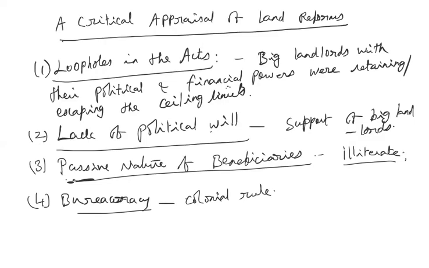The responsibility keeps on passing from one department to another. Nobody is taking the entire responsibility of implementing the land reforms properly, so nobody is exhibiting any keen interest in implementing the land reforms in the country.